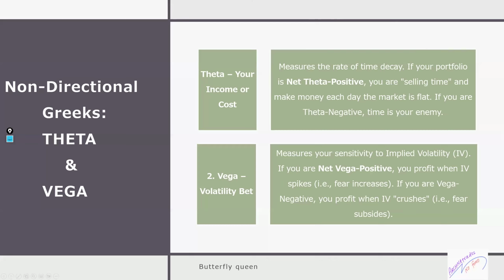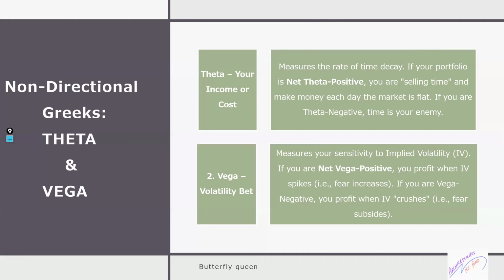Then something called volatility. Vega measures the sensitivity to implied volatility. There are vega positive strategies where as volatility spikes, as fear increases, you make money.